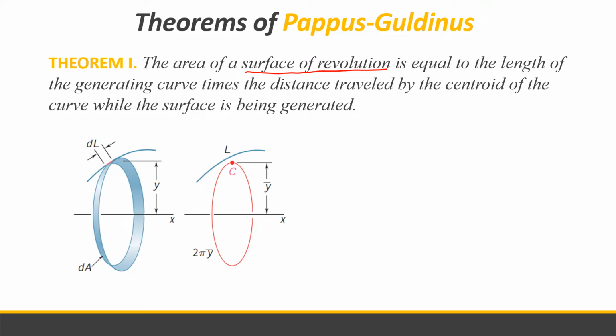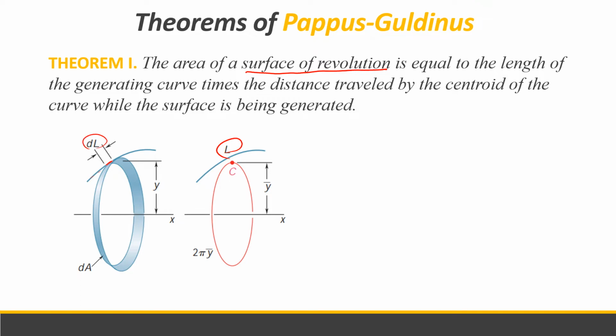a curve here. So this curve, no? So this curve. So kukuha tayo ng maliit na value ng L. So that is, so for example, this curve is length L. And then, ito pala. So length L. And then, kukuha tayo ng maliit lang na portion. So, that is DL.